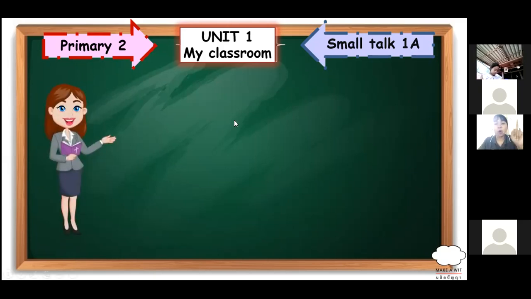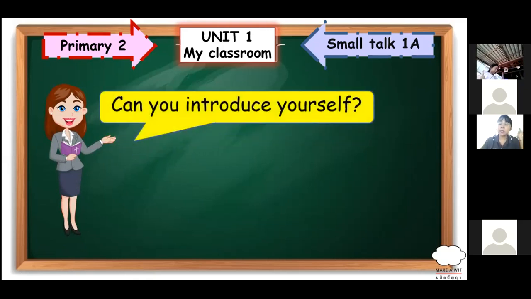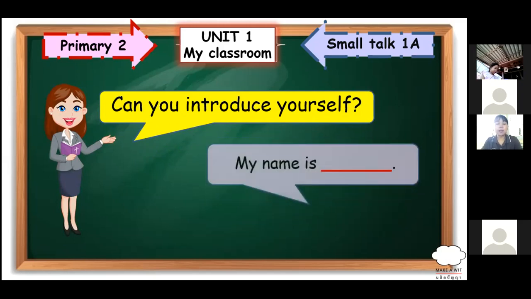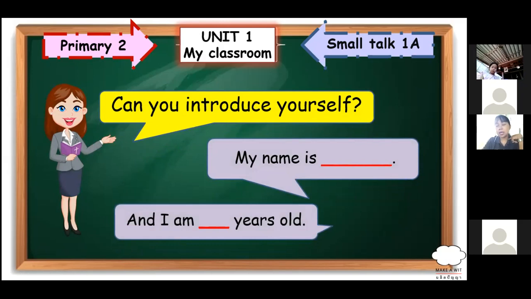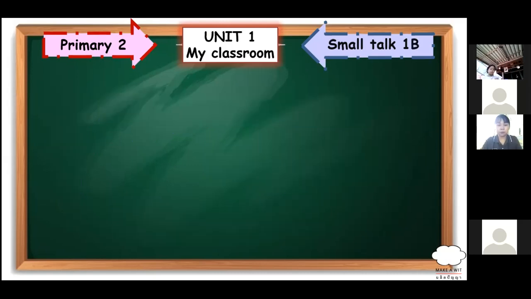Small talk 1A. Can you introduce yourself? If teacher asks you, can you introduce yourself? You can say, my name is Peach and I am ... years old. So if teacher asks me, I will say, my name is Peach and I am 23 years old.